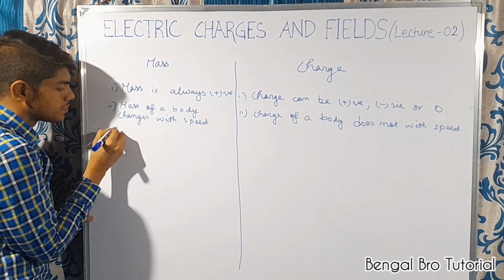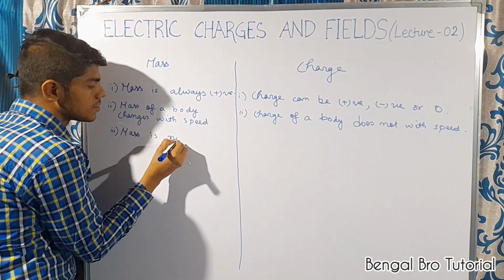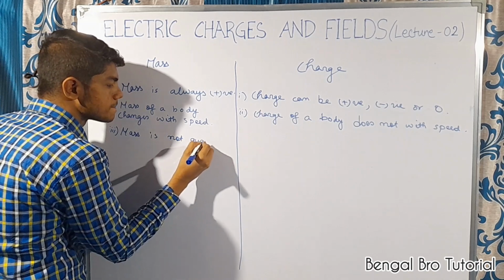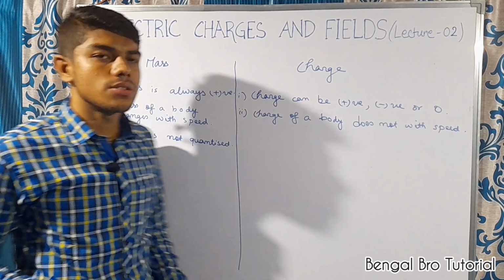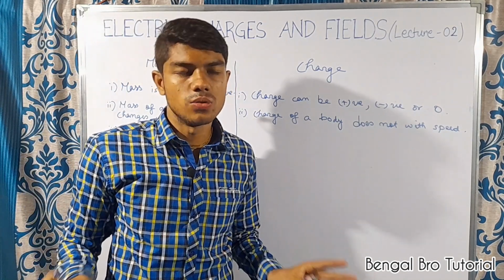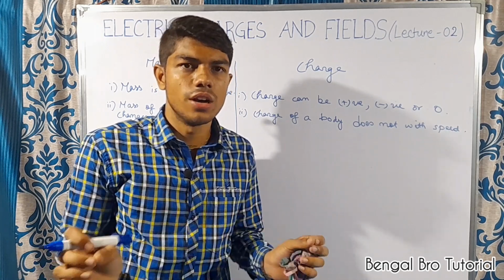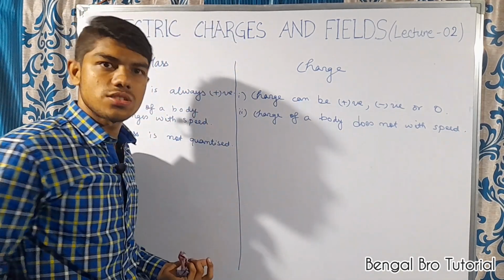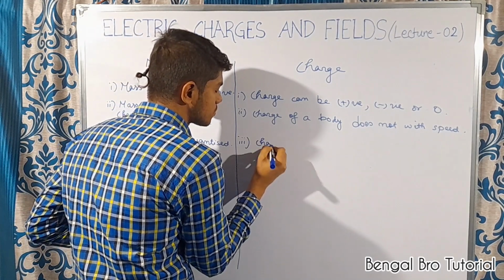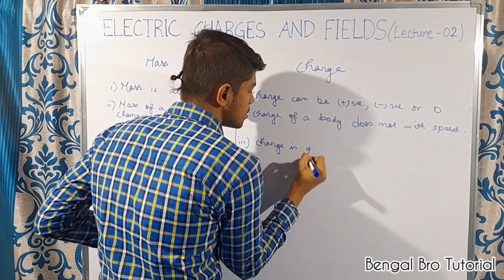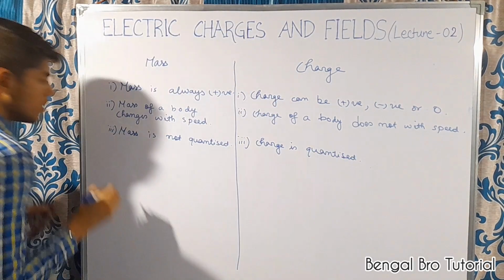Third point, mass is not quantized, which means that mass of a body can take any value. A body can have mass of any value. The value is continuous, but charge is quantized.